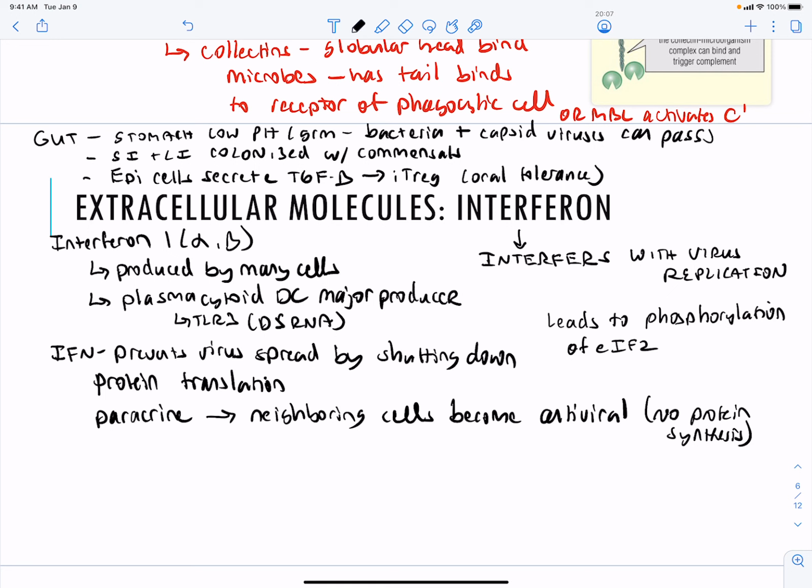It's going to activate natural killer cells and antigen-presenting cells. So for the antigen-presenting cells, it's going to stimulate TAP, the transporter for antigen presentation, and it's going to increase the MHC1 proteasome.